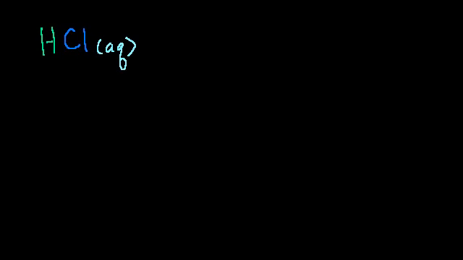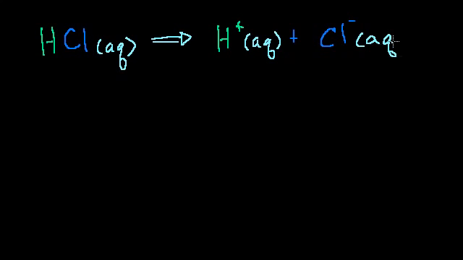We know that it dissociates completely, which means that we're left with the hydrogen ion, which of course really attaches itself to another water molecule and becomes hydronium, plus the chlorine anion, or negative ion, right there. And let's say I do this with 1 molar.